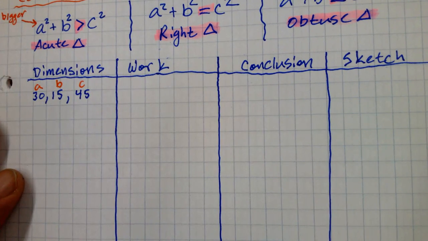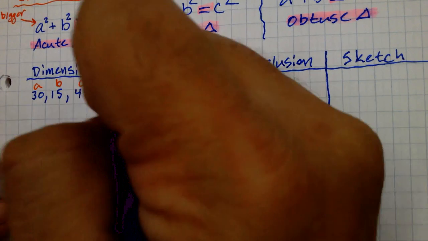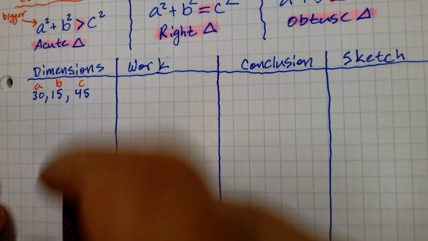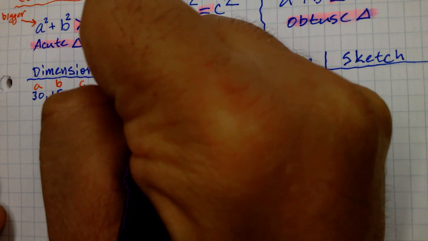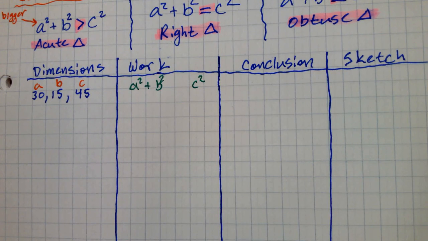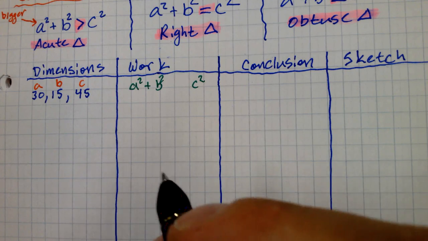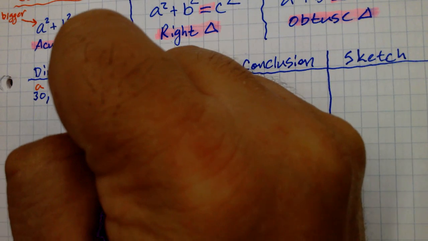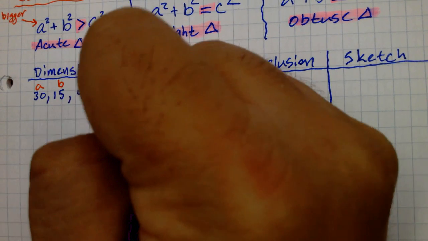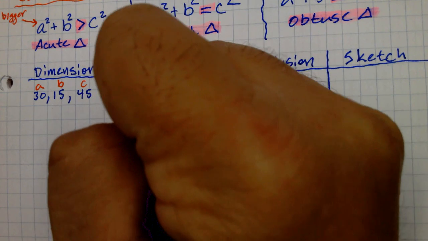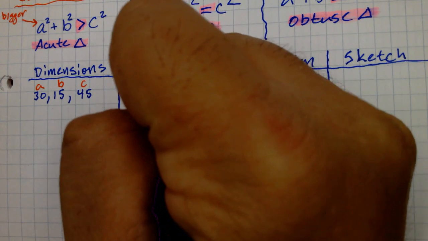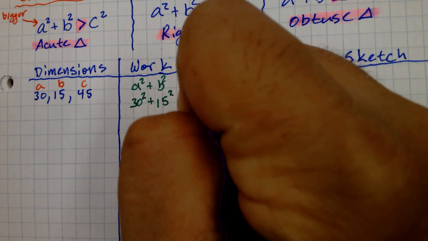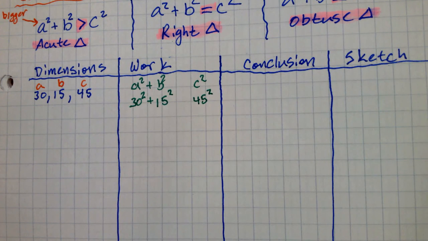Let's see here. I'm going to do A squared plus B squared, and then C squared. And so we have 30, we'll square it, 15, we'll square it, and 45, we'll square that.